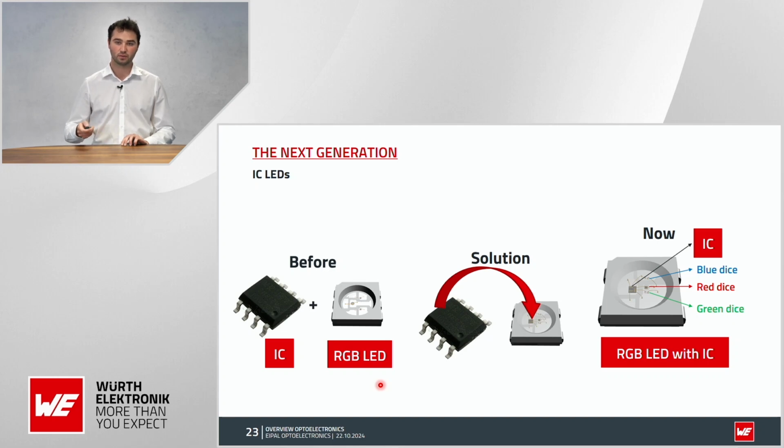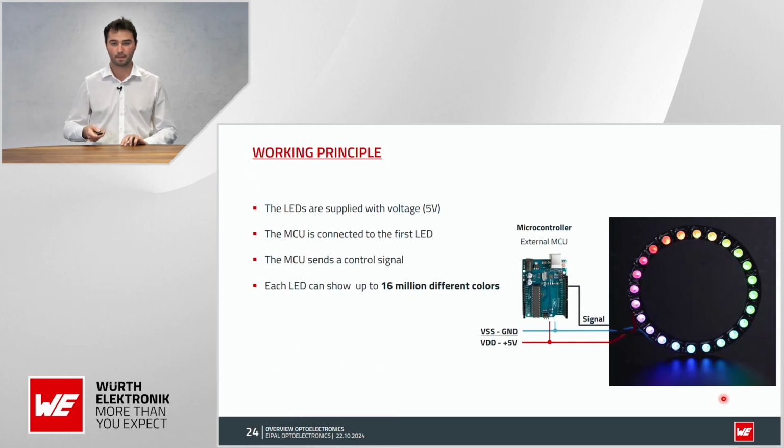The solution with the IC LED is that you don't need to contact every single color anymore, but you can put all of these IC LEDs in series and use some digital signal to give every LED the command which brightness and which color it should show.